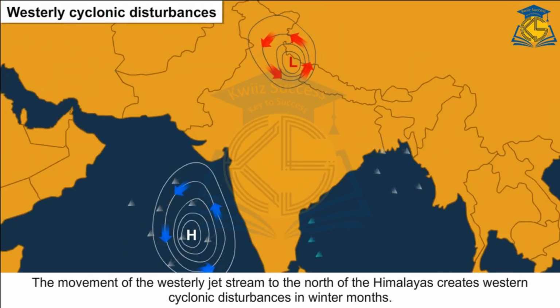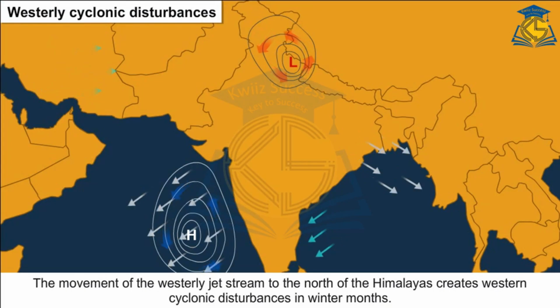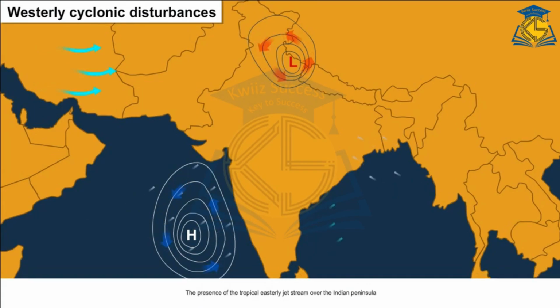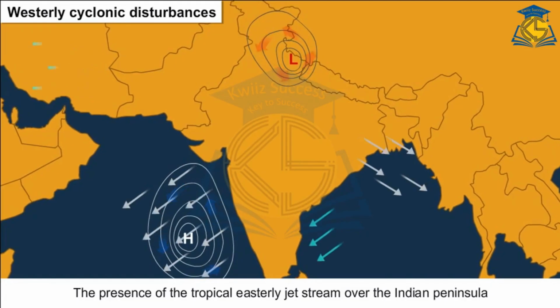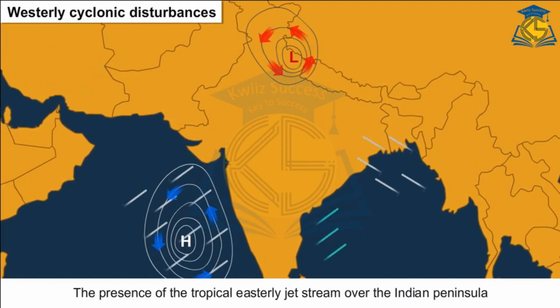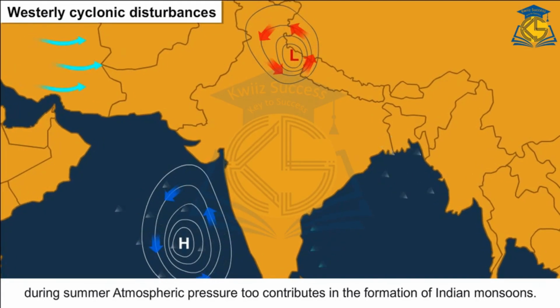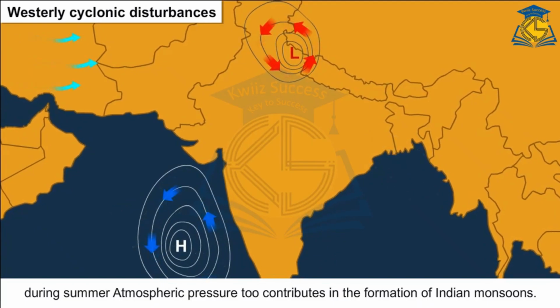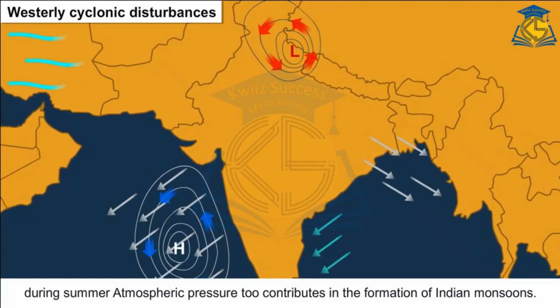The movement of the westerly jet stream to the north of the Himalayas creates western cyclonic disturbances in winter months. The presence of the tropical easterly jet stream over the Indian peninsula during summer too contributes to the formation of Indian monsoons.